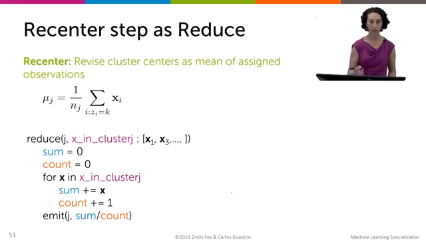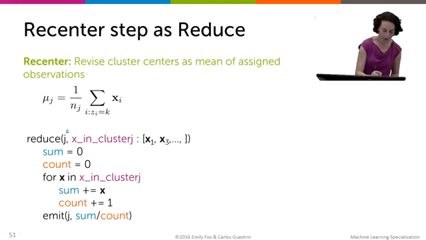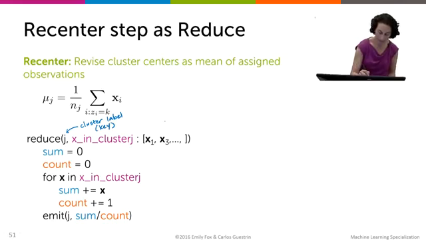Then for the recenter step, we see that we're just aggregating all data points within a given cluster, divided by the total number of data points, and computing this as the new mean for that cluster. So our reducer is going to take in a given cluster label, which remember is our key, and then we're going to take in a list of values associated with that key.